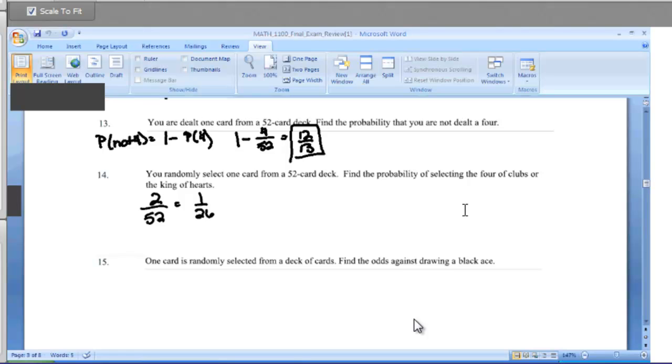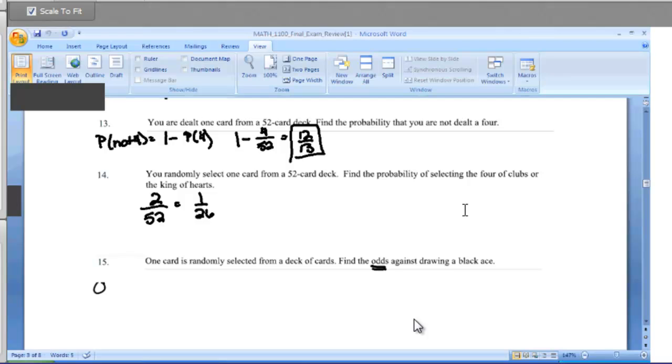All right, for number 15, 1 card is randomly selected from a deck of cards. Find the odds against drawing a black ace. Well, we've switched to odds and no longer probability.